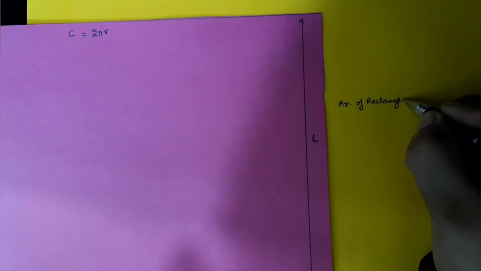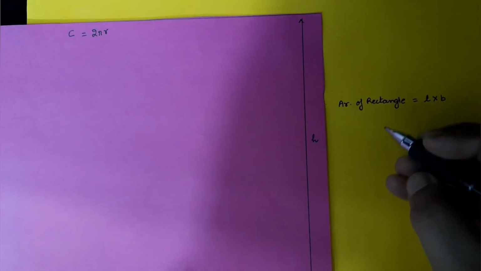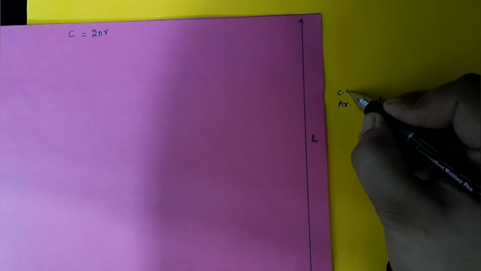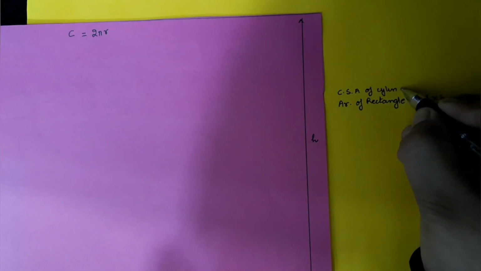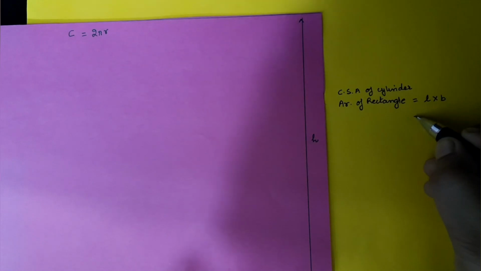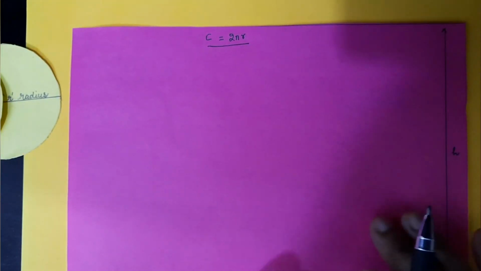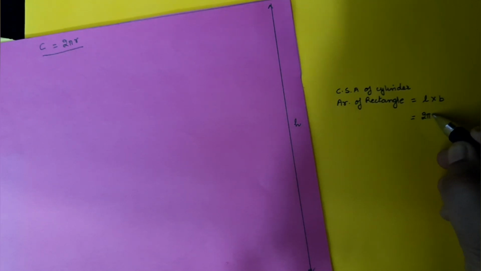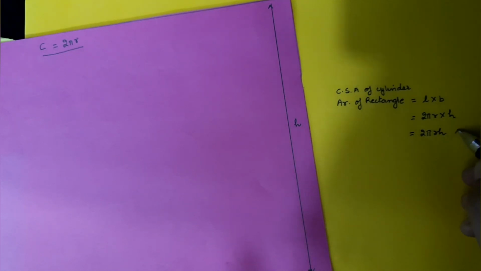So by putting the values over here, we have the length as 2 pi r, as we have seen it is the circumference, and the breadth being h. So the curved surface area of cylinder comes out to be 2 pi rh square units.